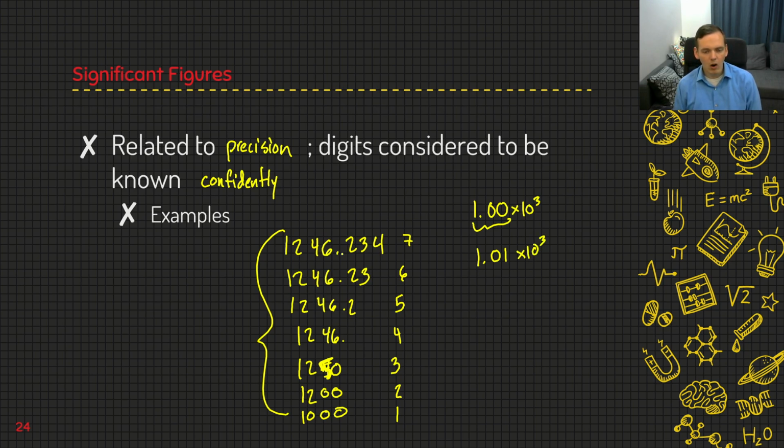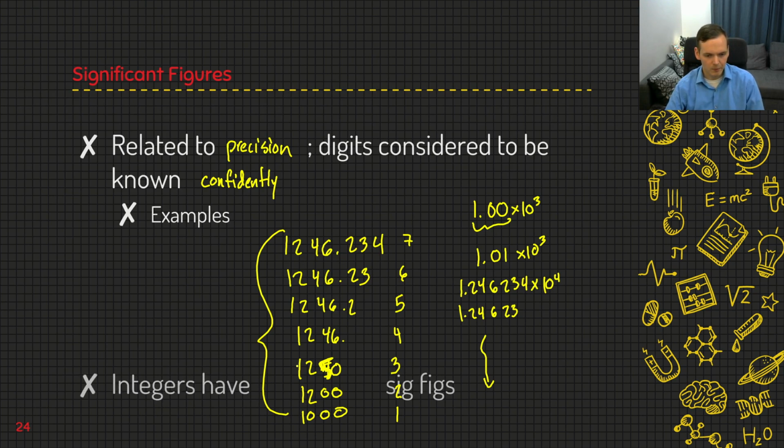If I were to write all of these in terms of scientific notation, they would all be 1.246234 times 10 to the fourth, 1.24623, etc. And you can see how it's easier to see how many significant figures we have. If you need a review, this is something I'm going to assume most people have done before, but if you need a review, catch me and we will talk through it in more detail.